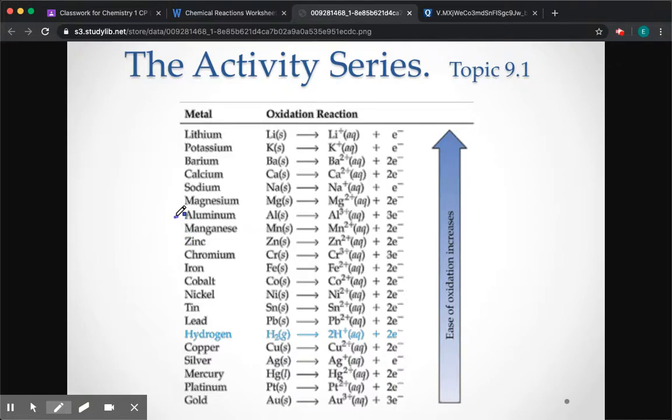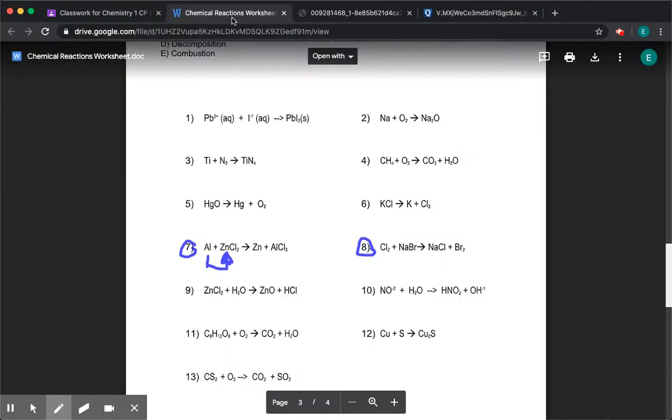So in number 7, we're focusing on aluminum and we're focusing on zinc. Aluminum is higher on the list than zinc is, meaning that aluminum is more reactive than zinc. What that means is that aluminum needs the partner more than the zinc does. If you remember, reactions take place because your final product is more stable than what you have in the beginning.